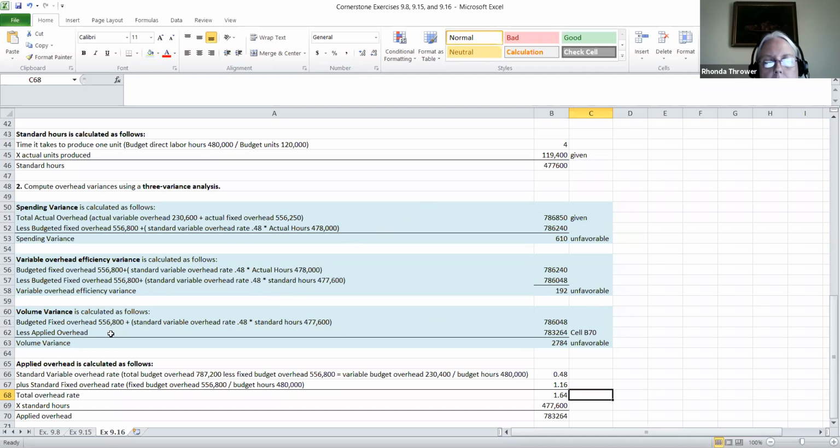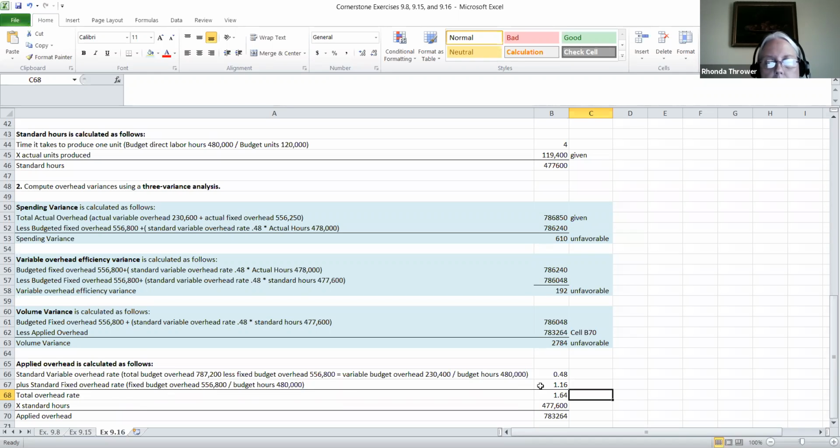Then you're going to subtract out your applied overhead. Your applied overhead is calculated here. It's the standard variable overhead rate, 48 cents. This is showing you how it's calculated, plus the standard fixed overhead rate, which is the fixed overhead budget divided by the budget hours, will give you $1.16 for the standard fixed overhead rate.